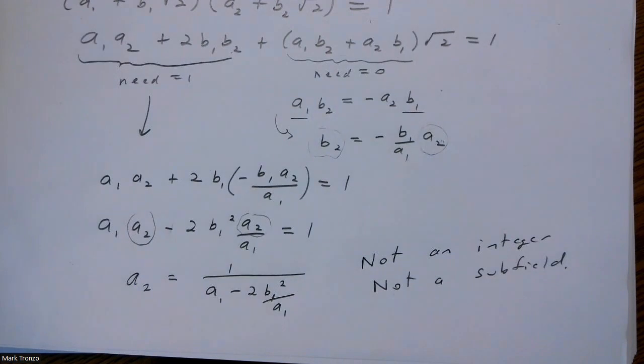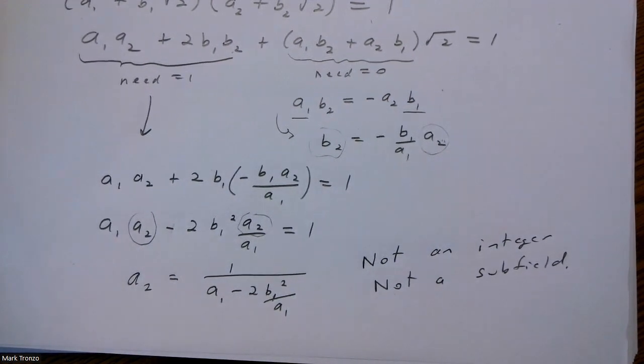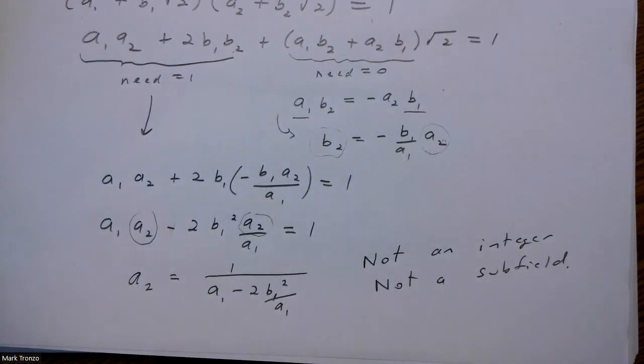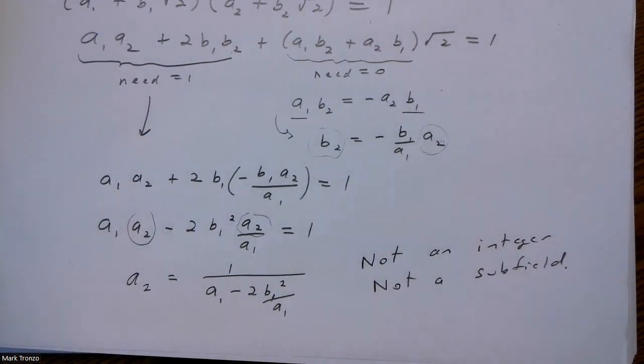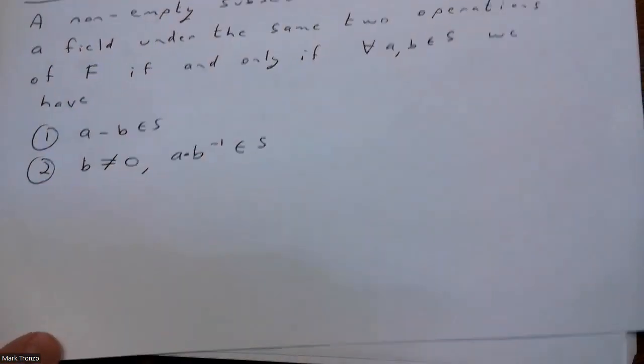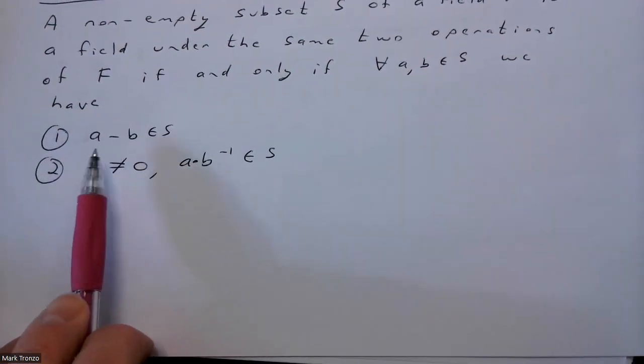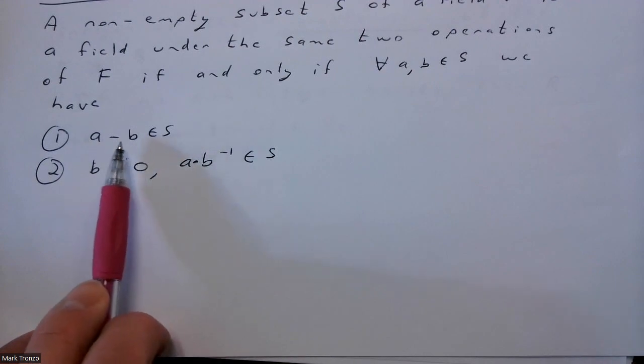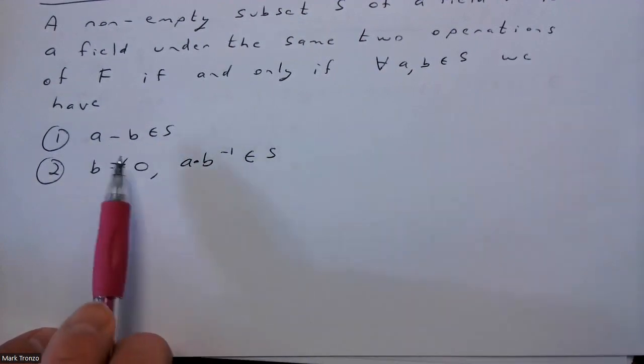Any question on that? That's pretty messy. So again, going back, I probably should have written down just the way we had it before. Last time we talked about the subfield test, and we said that we had a subfield if we took any two elements in the subset that they were in the set, and that's going to be satisfied.